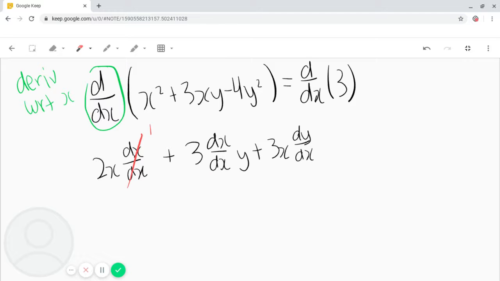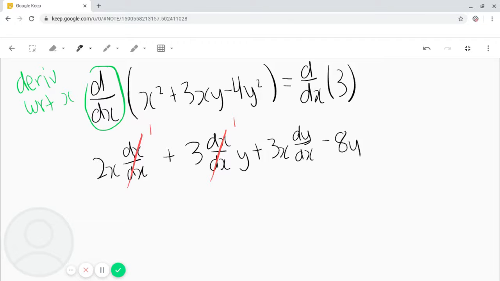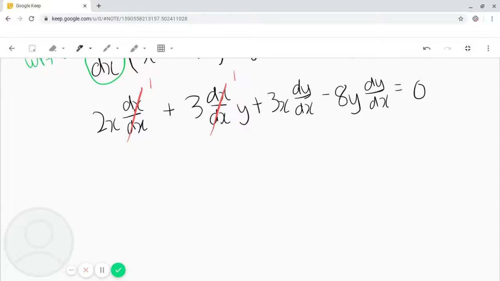And again, this will cancel out to 1. And then we have minus 8y dy over dx equals 0, just because the derivative of a constant is equal to 0.